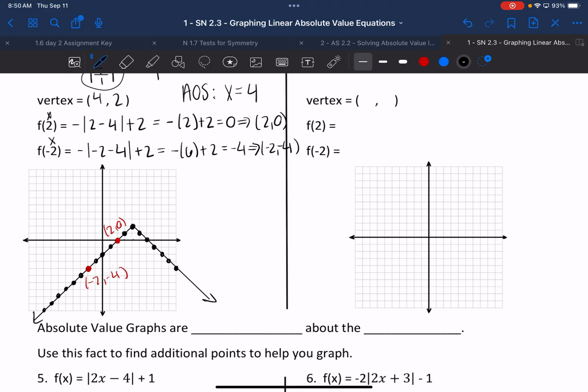Did you guys all turn in 2.2? Okay. Yeah, it's in the folder over there. Okay.